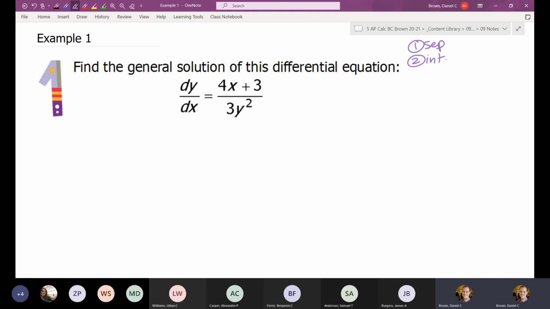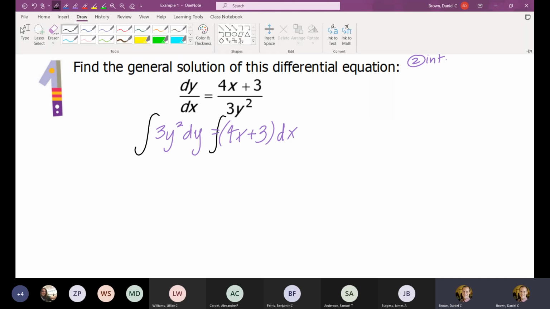So this one is pretty easy to separate, multiplying both sides by 3y squared, and then multiplying both sides by dx. We then separated our variables. This is why we separate it, so I have all the y's on one side, all the x's on the other. Now I can integrate both sides. It's still an equation. What I do to one side, I have to do to the other side. And then we can just go ahead and integrate it.